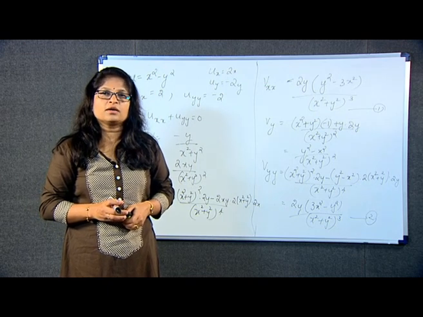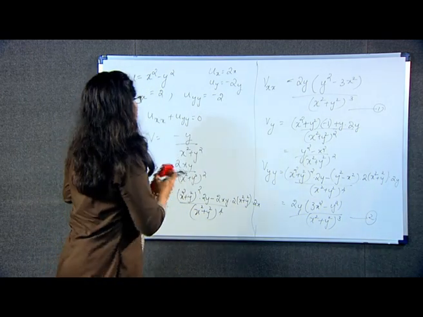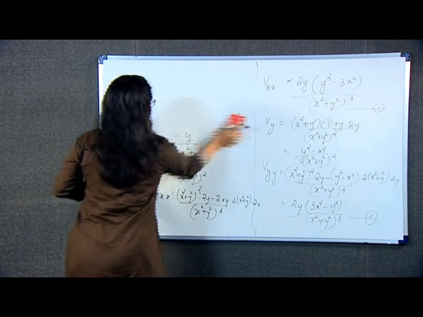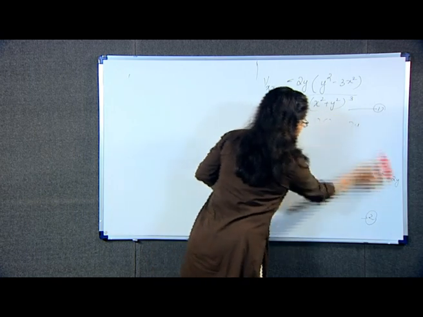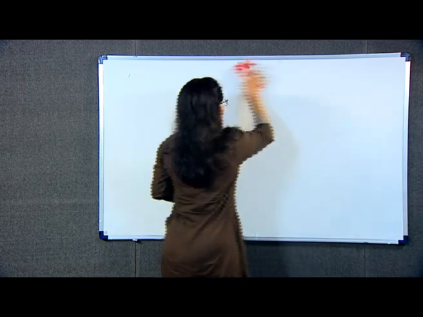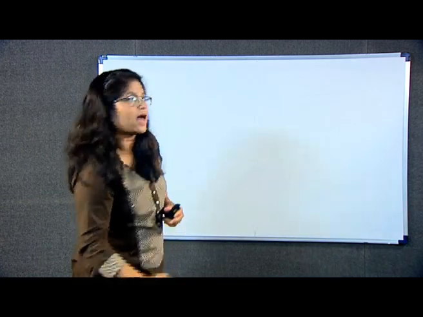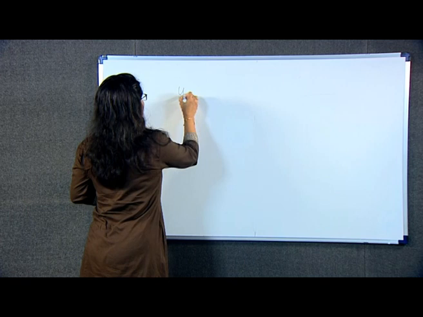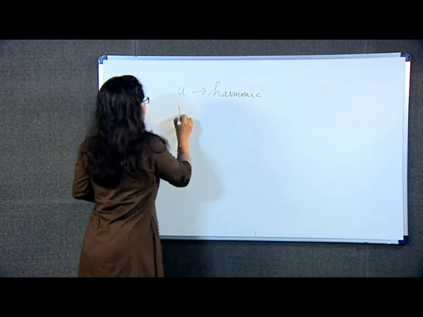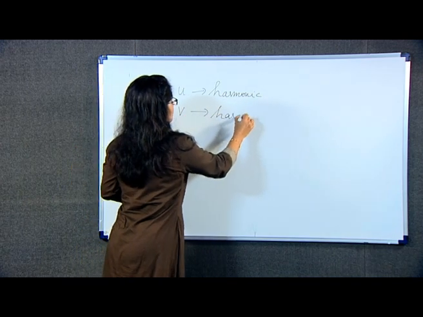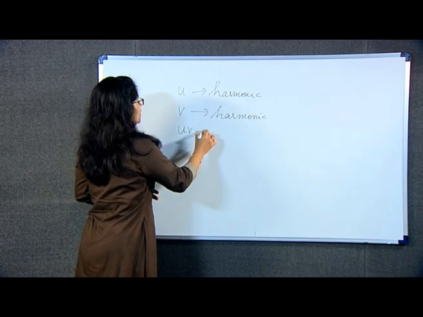Whenever v is harmonic, you have Laplace equation for v. Now, I have to just prove that u into v also satisfies the Laplace equation. So, let us quickly see this result, how to prove that u into v is harmonic, given that u is harmonic and v is also harmonic. You have to prove that uv is harmonic.